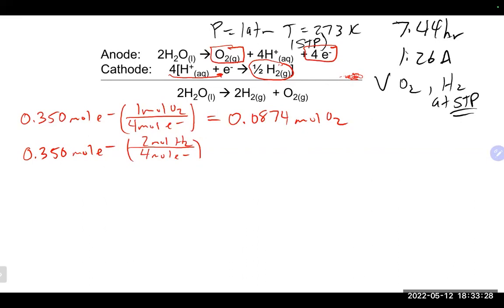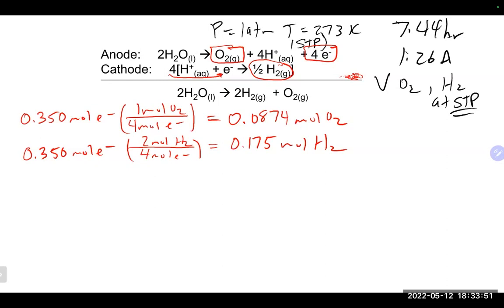Obviously, that's the same thing. And if you do that, it gives us 0.175 moles of hydrogen. Any questions on either of those? And again, you can reduce that down to a 1-to-2 relationship if you like as well.